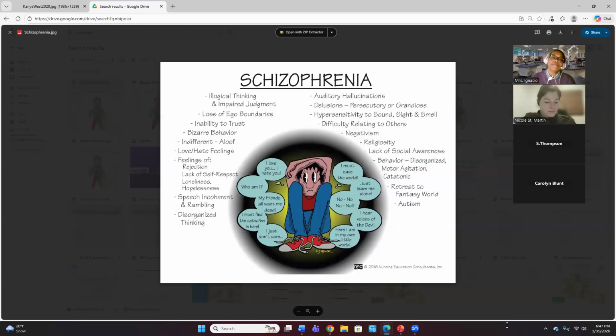With schizophrenia, the patient may have hallucinations. We have five senses, and they can have these hallucinations via their five senses, meaning that they can have tactile hallucinations. They may feel something like bugs crawling on them, but there's really no bugs crawling on them. They may hear voices in their head saying, okay, so and so and so, right?